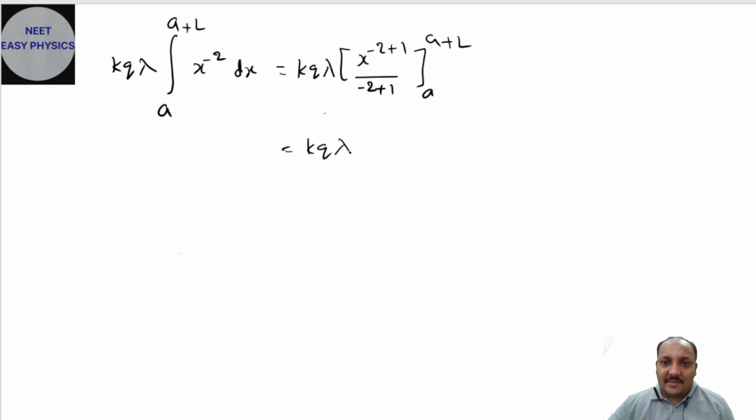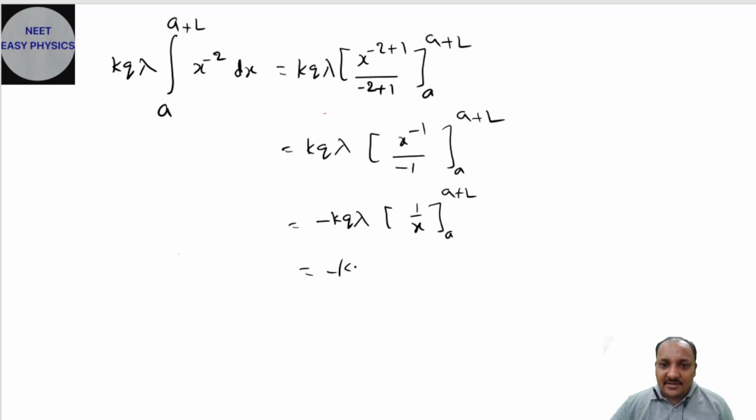So K q lambda x power minus 1 by minus 1, which gives minus K q lambda 1 by x from a to a plus l. First we have to substitute the upper limit. In basics, when we gave simple integration, we said first substitute the upper limit, next substitute the lower limit.